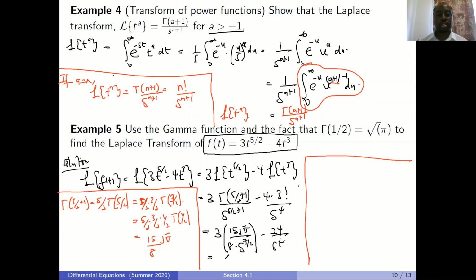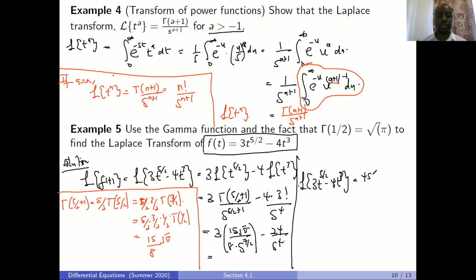So this gives us 45 over 8. So we have finally that the Laplace transform of 3t to the 5 halves minus 4t cubed is 45 square root of pi over 8 times s to the 7 halves minus 24 over s to the 4th power. That is our Laplace transform.